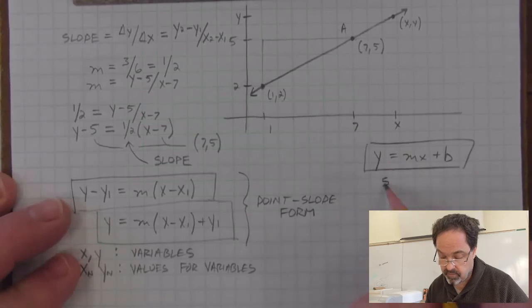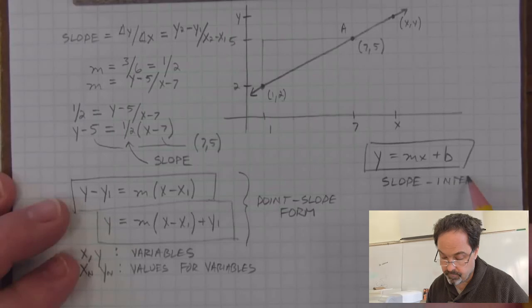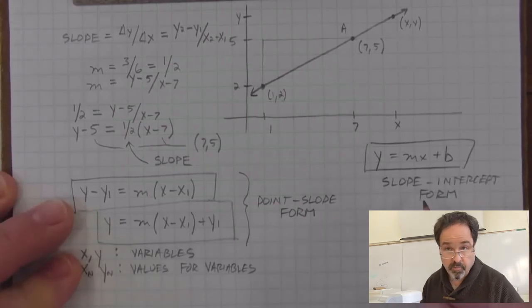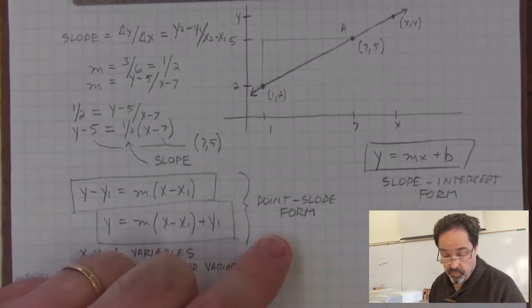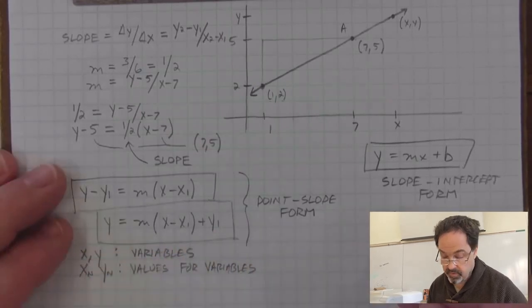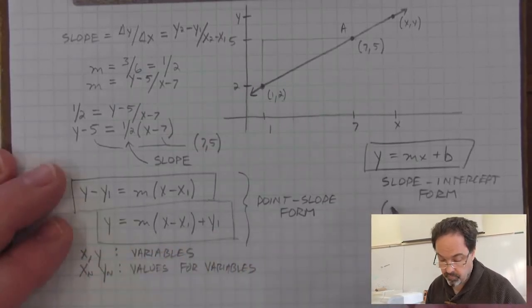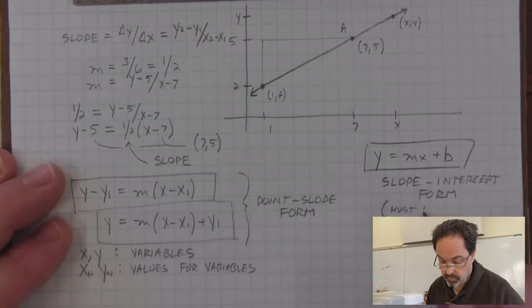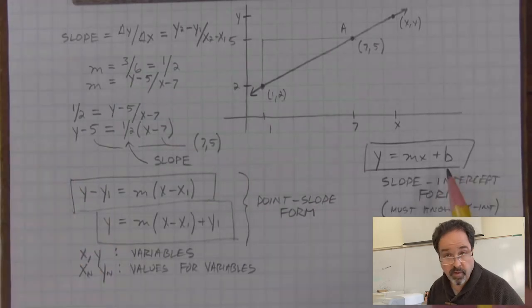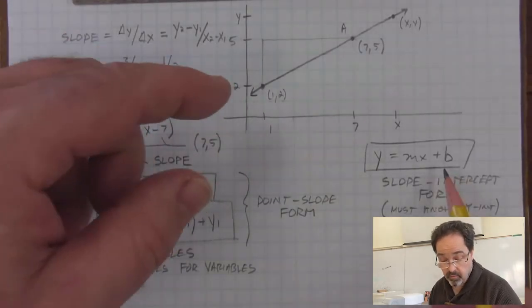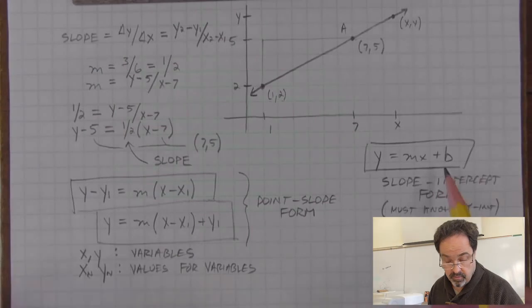This is useful but it's more limited than point slope form, because in slope-intercept form you must know the y-intercept. The value b is the y-intercept. It's a particular point on the line.